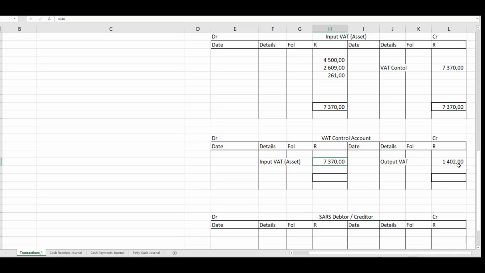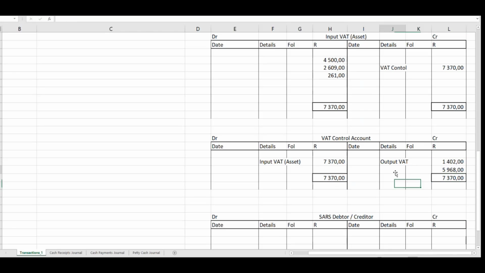Then we have to balance the VAT control account as well. Debit side and credit side, we compare which one is bigger. Debit side is bigger than credit. 7,000 is bigger than 1,400, meaning the total is that 7,000 on both sides. And 7,000 minus 1,400 becomes 5,600.